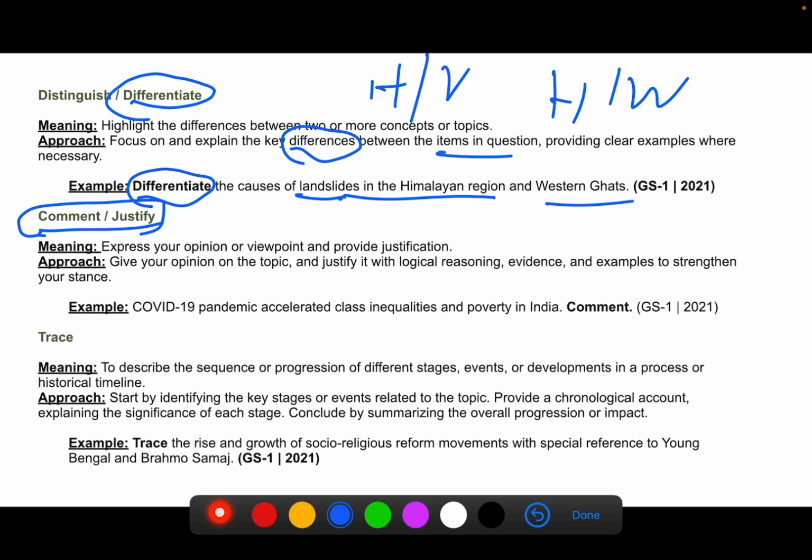It is very important to provide our own viewpoint and justify it through evidence and examples, such that our view is valid and authenticated. This is an important directive.